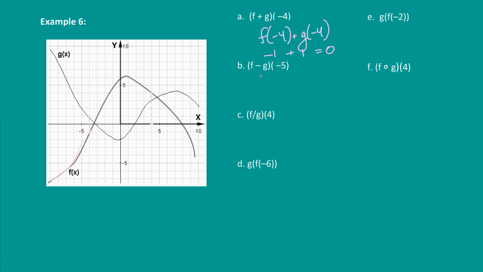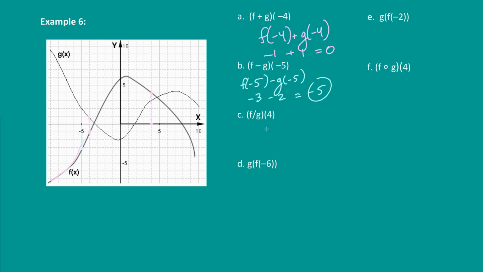The next one, f of negative 5, if I go to negative 5 on my f graph, it goes down to about negative 3, minus, so this is going to be f of negative 5 minus g of negative 5. F of negative 5 is negative 3 minus our g of negative 5 looks to be 2. So that's going to be negative 5.